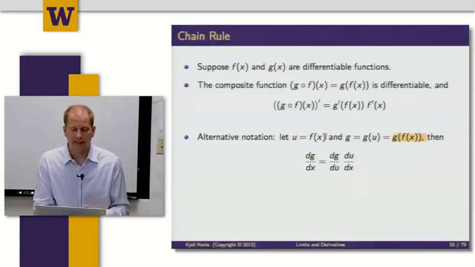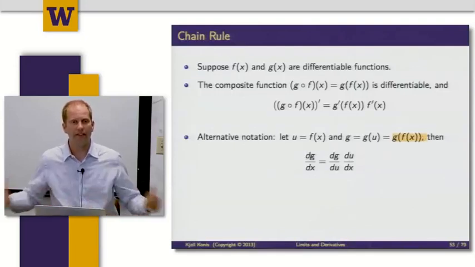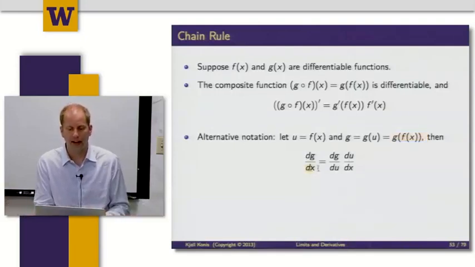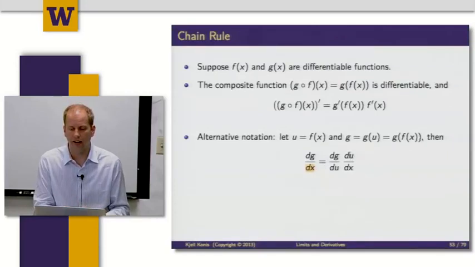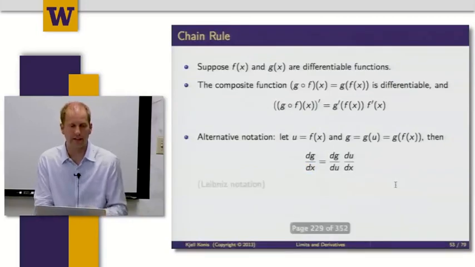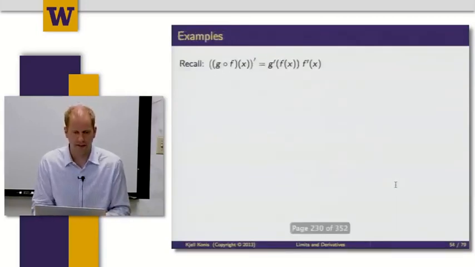The chain rule then says that the derivative of g, the outside function, with respect to x, which is the argument of the inside function, is the derivative of g with respect to its argument times the derivative of u, the argument for the outside function, with respect to x. I think this will be clear once I start doing some examples. Like I said, this is called Leibniz notation. First I'll try to do a few using this funny composite function notation.